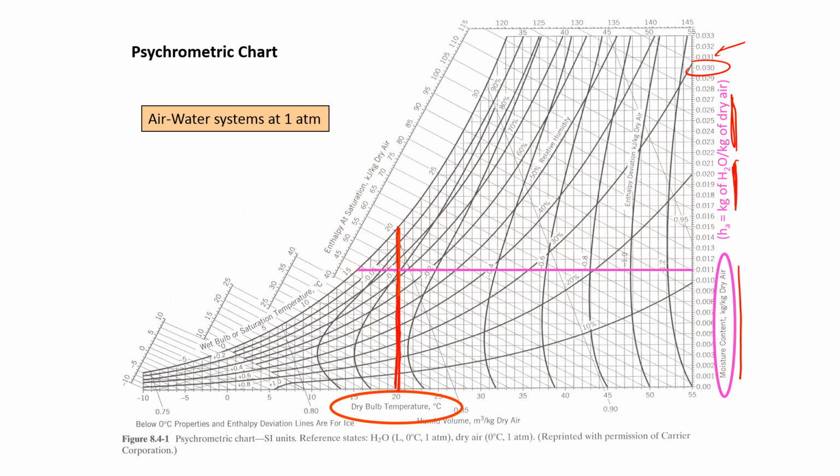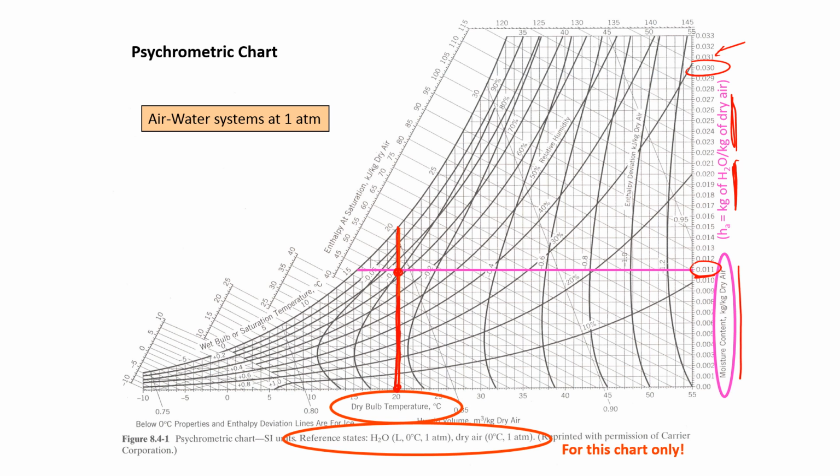And this would be, for example, 0.011. And so if we had a dry bulb temperature there, and also this water content in the air, then we would come over here at the intersection of these two, and that's where we would have our point.